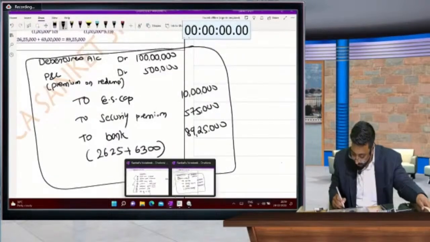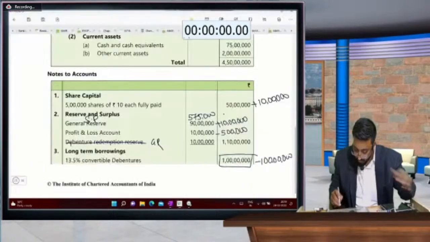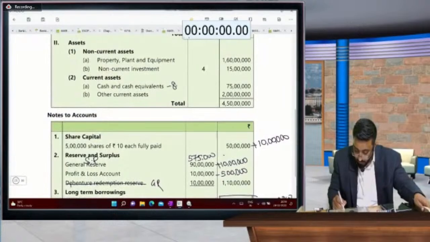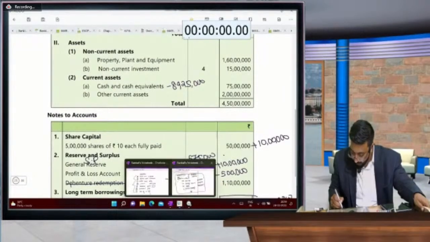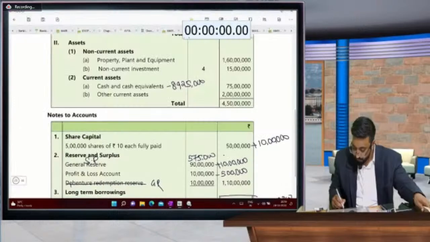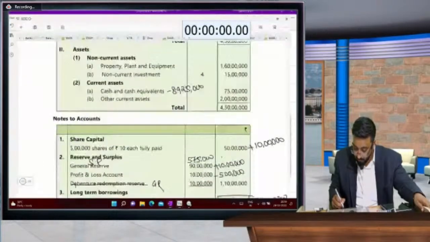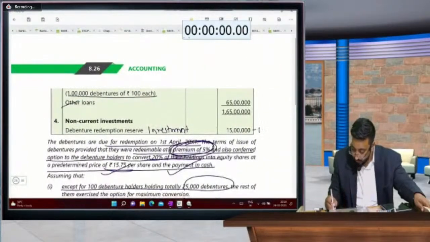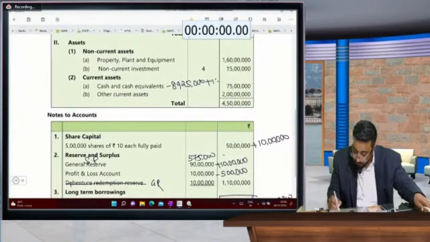And bank balance, reduce it, 89,25,000. Then beta, you will sell your investment 15 lakhs. No need of this investment now. Plus 15 lakhs.